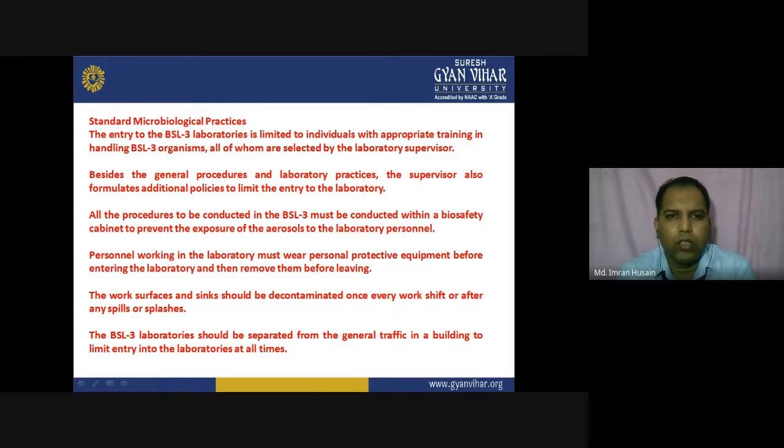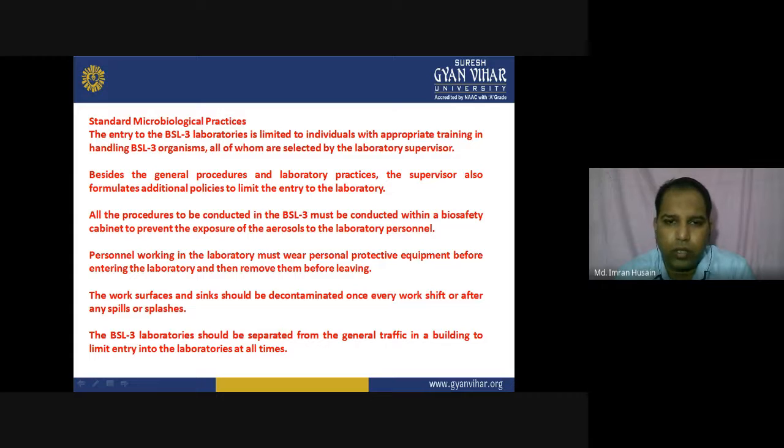Standard microbiological practices: the entry to the BSL-3 laboratory is limited to individuals with appropriate training in handling BSL-3 organisms, all of whom are selected by laboratory supervisors. We must make sure that all the individuals working in BSL-3 facilities are highly trained, and they all know the pros and cons of working in that facility, and what the contagious and dangerous results will be if they mishandle any pathogen in the laboratory.